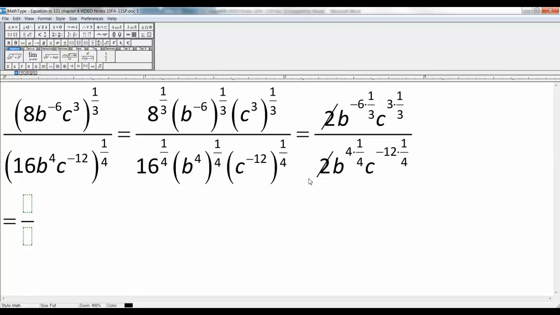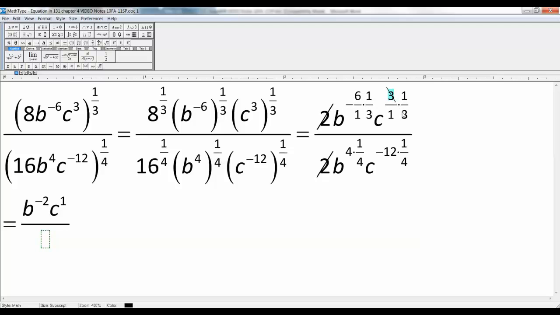But no more coefficients. Now, b to the negative 6 times 1/3, remember that's b to the negative 2, because 6 over 3 makes 2. Remember, this is really 6 over 1. Nobody writes it like that, but that's what it is. And while we're on the subject, this is 3 over 1, so that's just going to be c. If you like it, c to the 1, because 3 over 3 reduces.